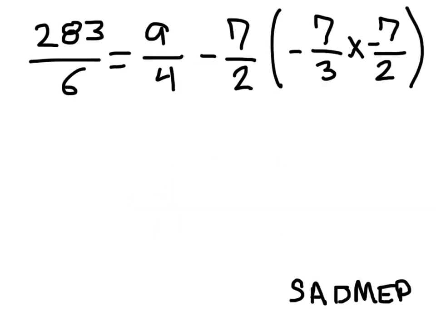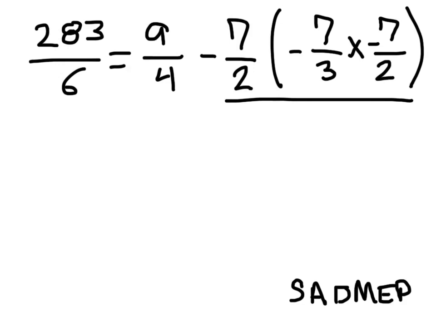So here we have a problem, and you'll notice on the bottom, I reversed PEMDAS to make SADMAP. We're going to solve that problem in this order. So first things first, we see that we have addition and subtraction in SADMAP. So in our problem, we see that 9/4 is being subtracted by this whole term right here.